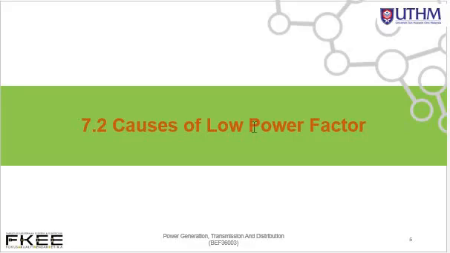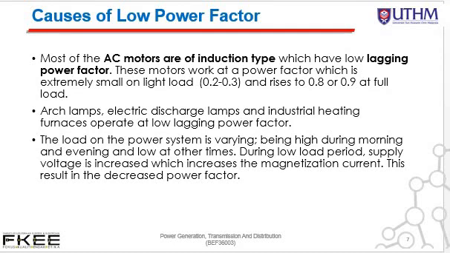The following subtopic will summarize the causes of low power factor. Basically, low lagging power factor conditions can be caused by various combinations of inductive devices, such as induction motors, inductive load of fluorescent ballast, rectifiers providing a DC power supply, arc welders, solenoids, induction heaters, lifting magnets, transformers, and so on.